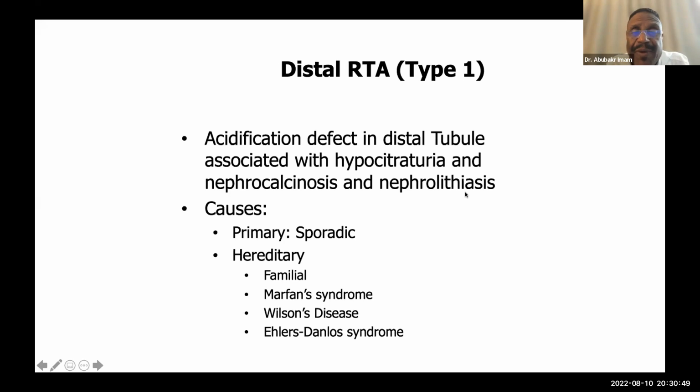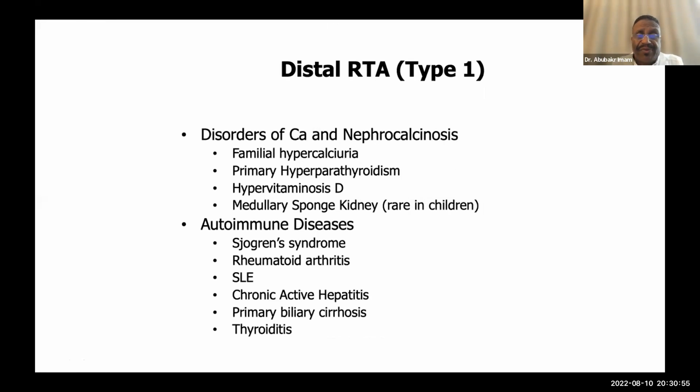The characteristic part is those patients develop nephrolithiasis. And those patients, if you calculate the urine anion gap, it will be positive. And that means there is no place for hydrogen ion to be coming out.